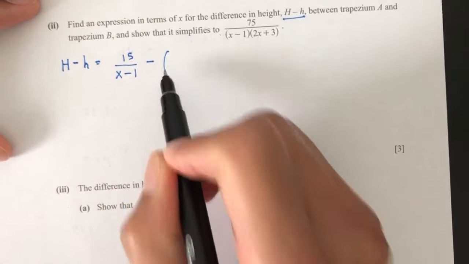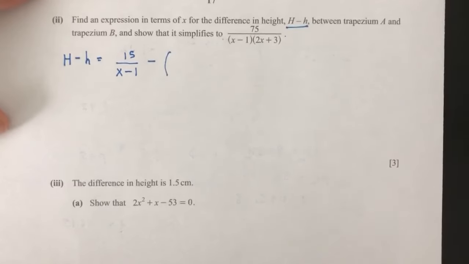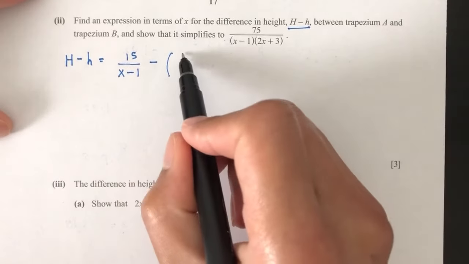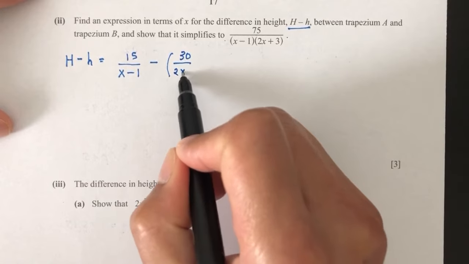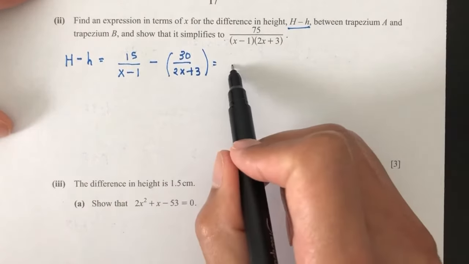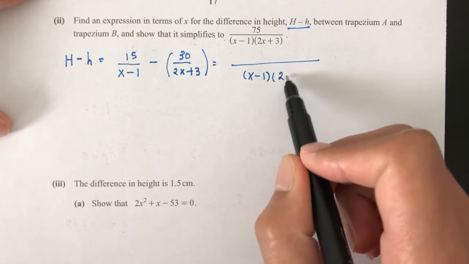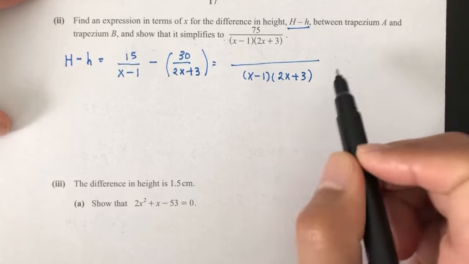So 15 over x minus 1 for big H, so 15 over x minus 1 minus 30 over 2x plus 3. So the bases are different, so we have to do LCM. Becomes x minus 1 times 2x plus 3.